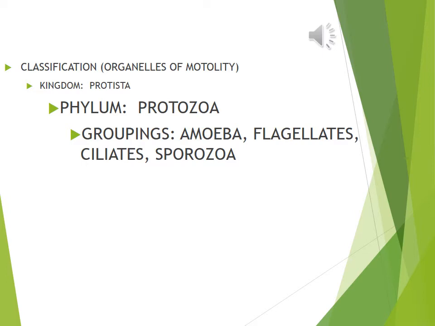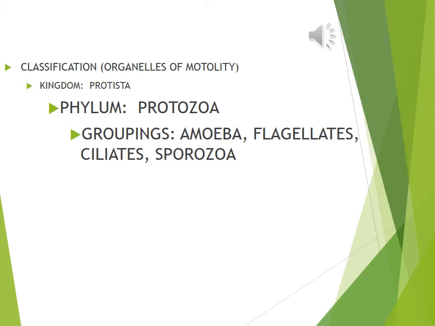Second group of protozoa is Mastigophora. All the flagellated protozoas belong to the category of Mastigophora. Example is your Trichomonas vaginalis. They are present in the vaginal area.